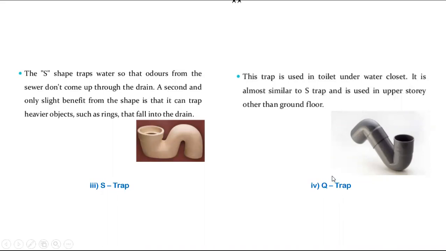The Q drop is used for the IWC as well as the European water closet. Nowadays the European water closet comes with a Q drop only. Long years back, the EWC would come without one. After purchasing the EWC, people would purchase a separate Q drop to connect the EWC to the outlet.